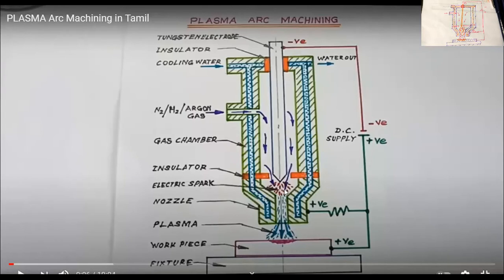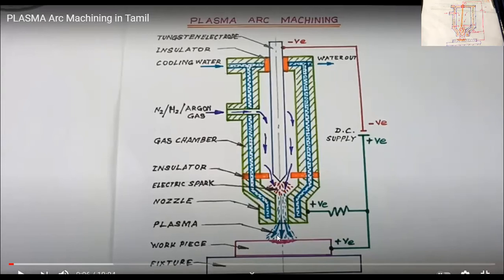And then that will be driven in this path, or it will start moving in this way, and it will strike the workpiece. So here we are going to generate plasma which is flowing in this direction, as we have many electrons in this, and this workpiece is also connected with the positive terminal, which will attract.